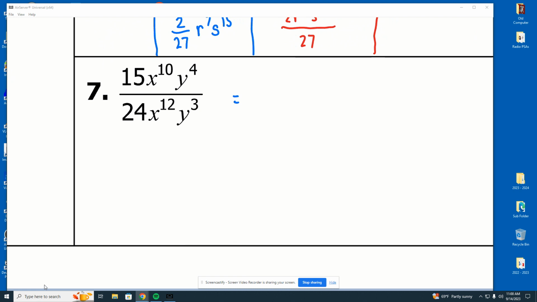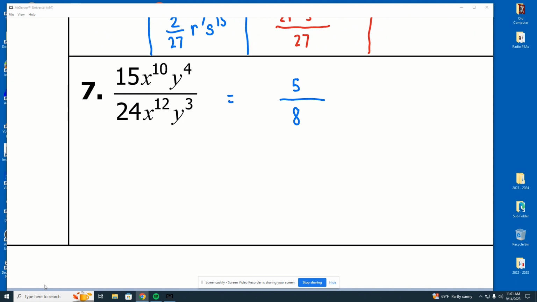What do you get? You get 5 over 8. Are y'all all with me? Now, how do I deal with these x's and y's? Where is x bigger? Then where will x be? And where do we subtract from? So what's 12 minus 10? So it's 8x squared right now in the bottom.